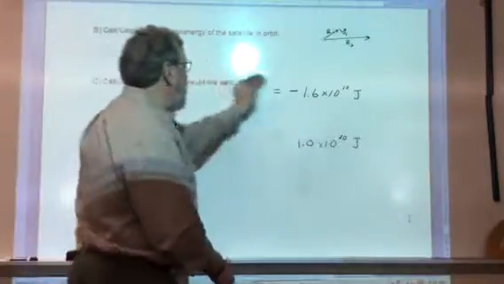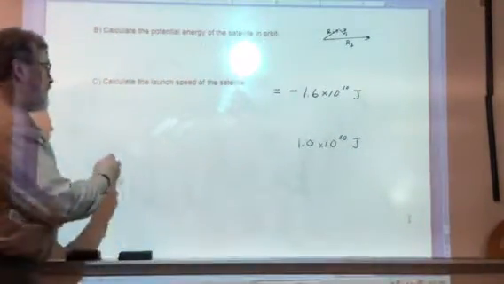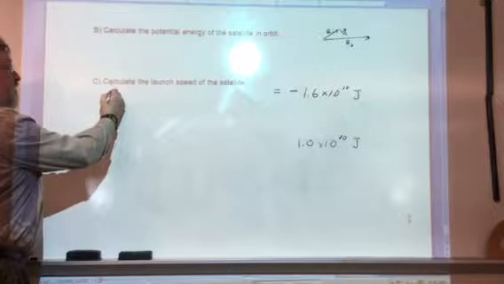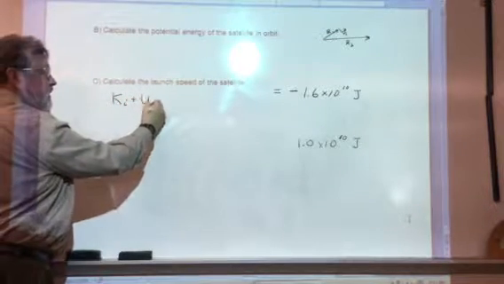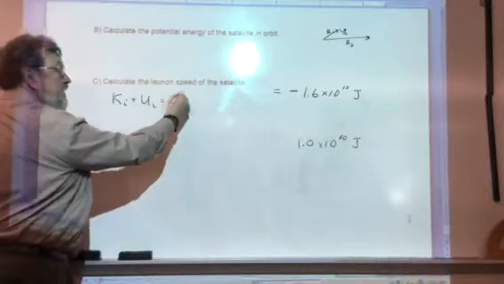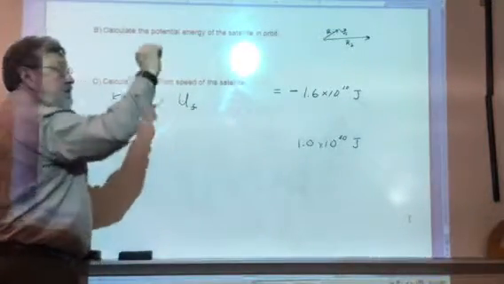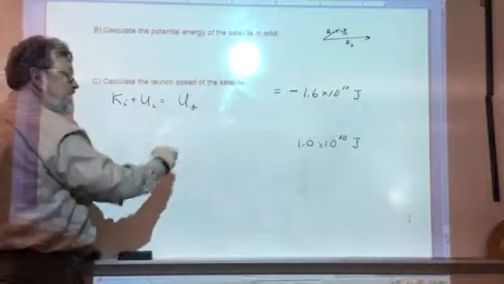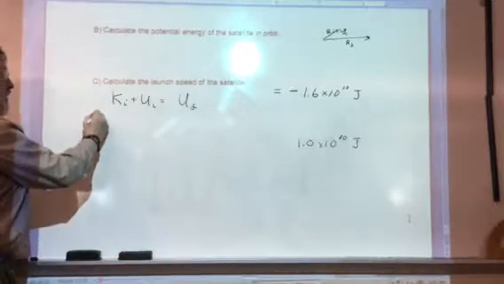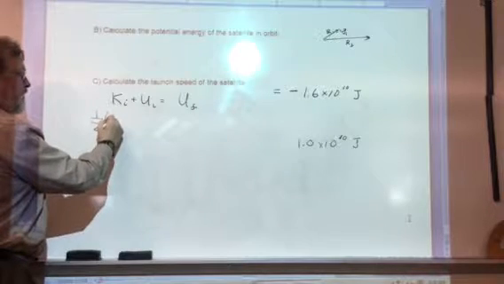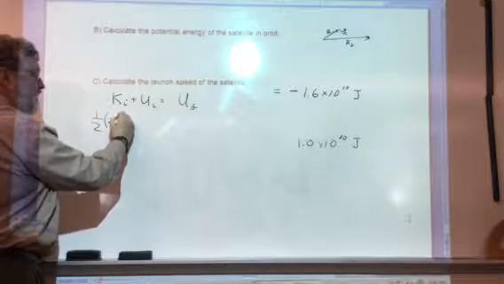If you want to calculate the launch speed, then basically you picture this. What it has initially is a kinetic energy and a potential energy. And what it has finally is just a potential energy, because when it's in orbit, it stops, its kinetic energy is 0. So I can put that in, but it's going to be 0. And if I put in 1/2 mv squared, this is the 250 mass of the satellite.